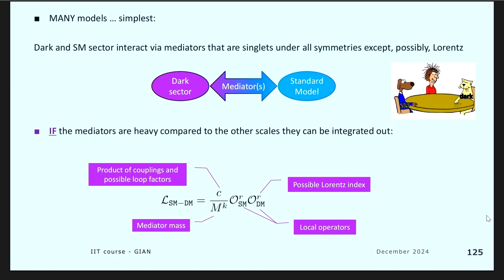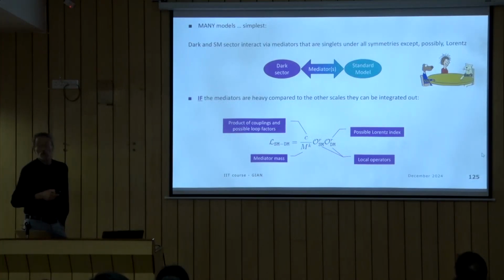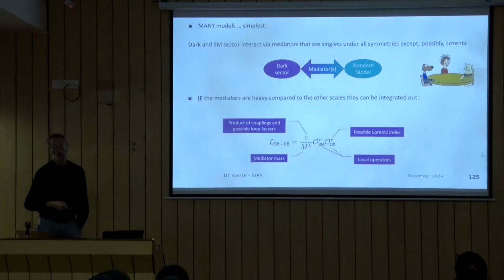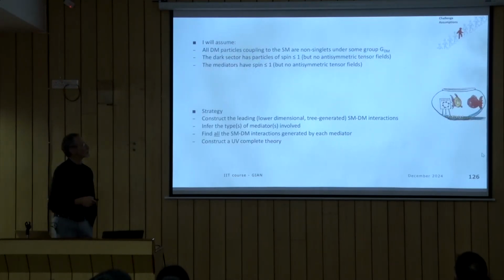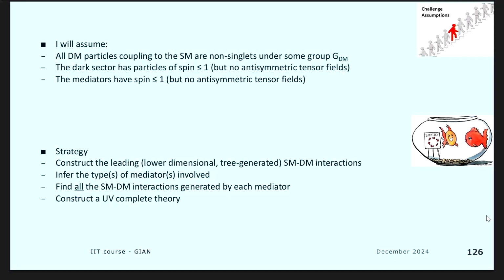So any part of the dark sector, could be all the dark sector, but any part of the dark sector that actually participates in this interaction transforms non-trivially under some group GDM. There are many choices for GDM. Doesn't matter. You can choose Z2, it's very common. You can choose a gauge group, that's also common. I will not need to specify.